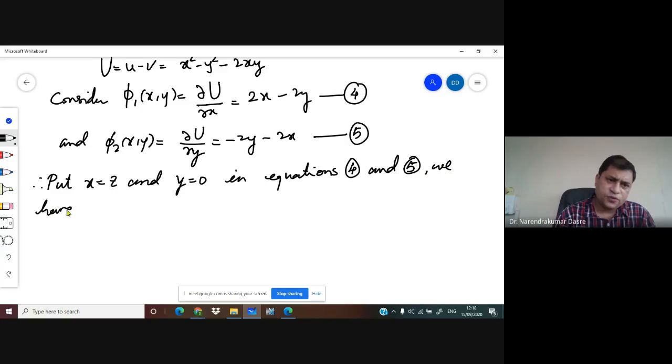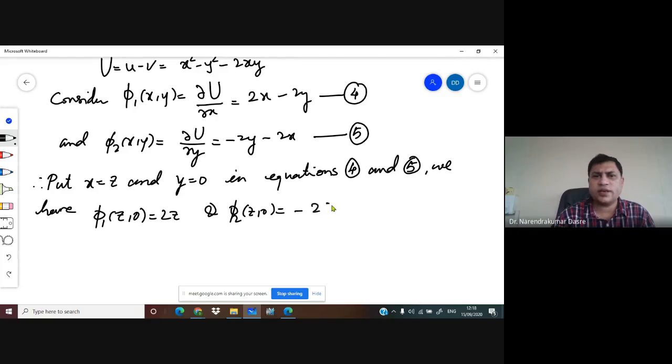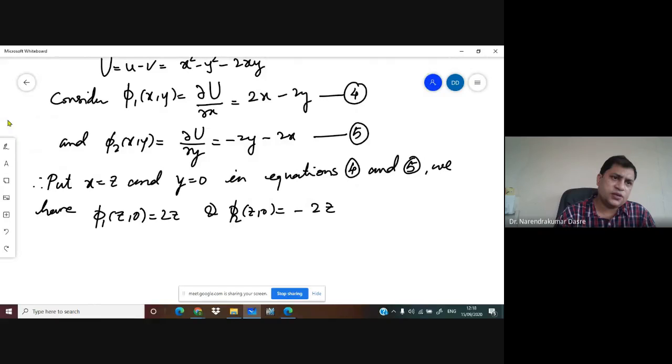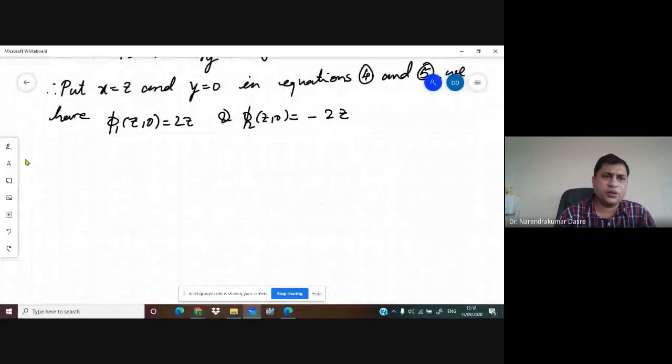We have phi 1 of z, 0 is equal to 2z, and phi 2 of z, 0 is minus 2z. So the y terms will be 0, this is 2z and this is minus 2z. And now the fourth and final step of the Milne-Thompson method.